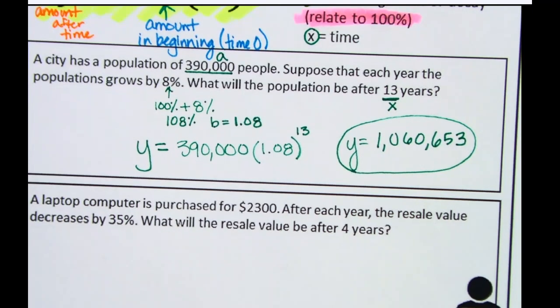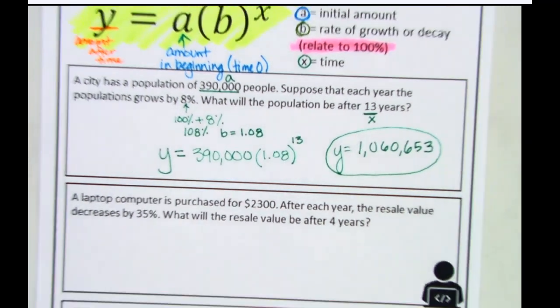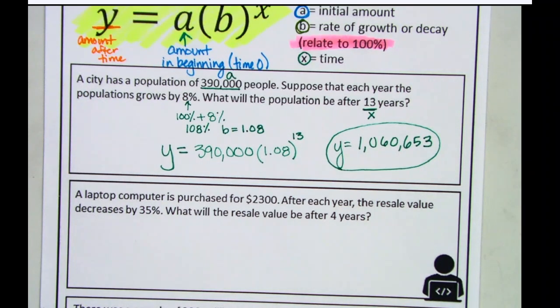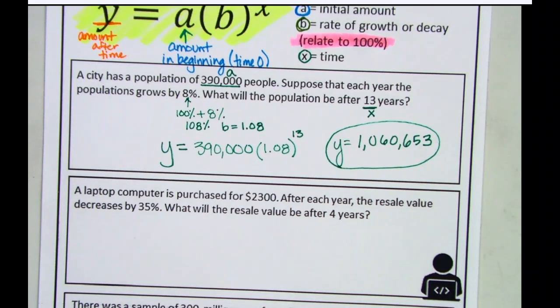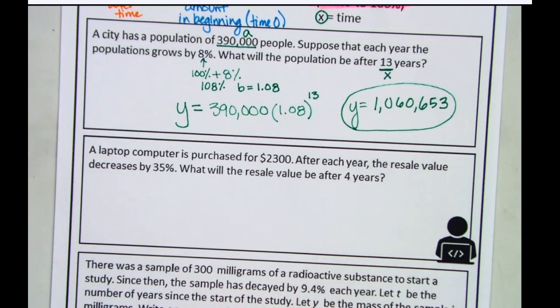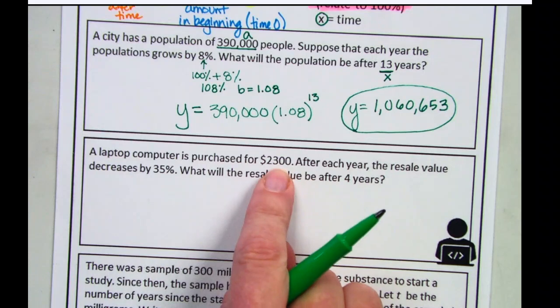A laptop computer is purchased for $2,300. After each year, the resale value decreases. So, Paige, in answer to your question, it's going to be pretty obvious for the most part, okay? So it decreases by 35%. What will the resale value be after 4 years? 2,300 is what?